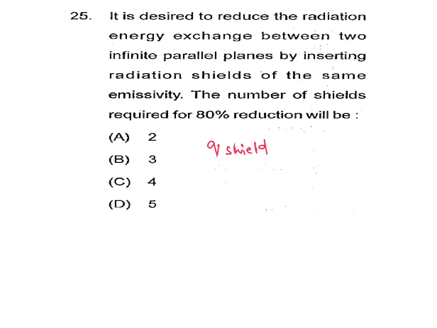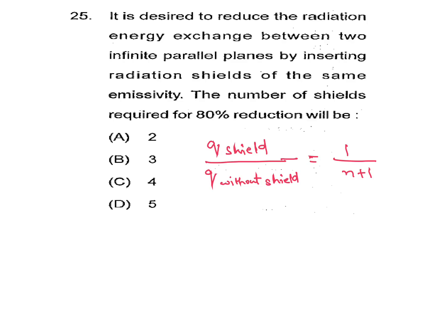Radiation energy exchange with shield divided by radiation energy exchange without shield is 1 by (n plus 1), where n is the number of shields.